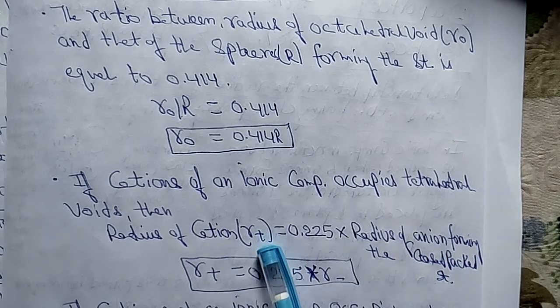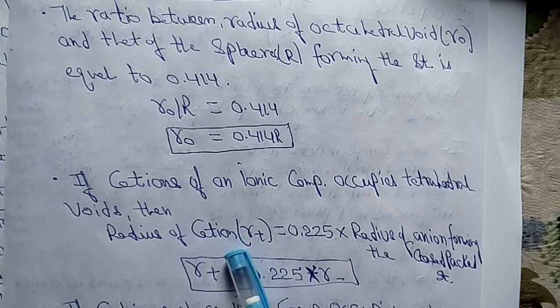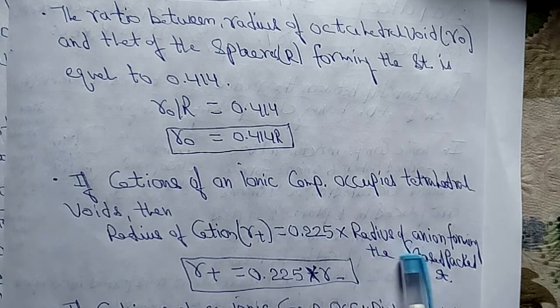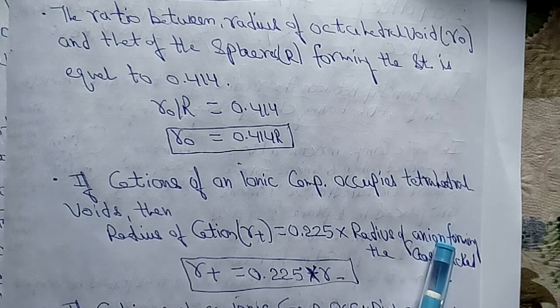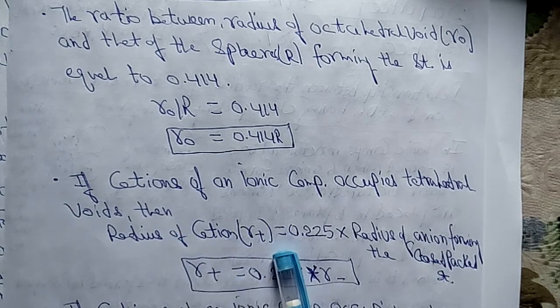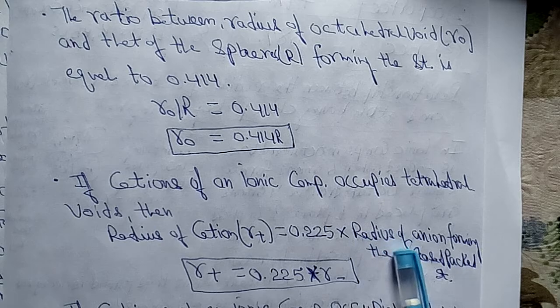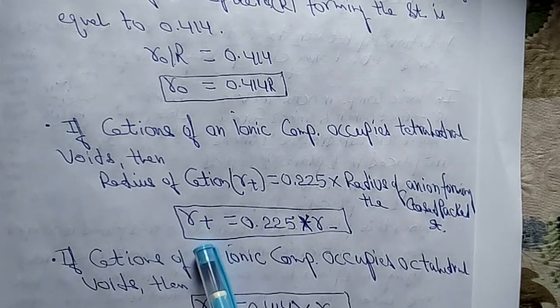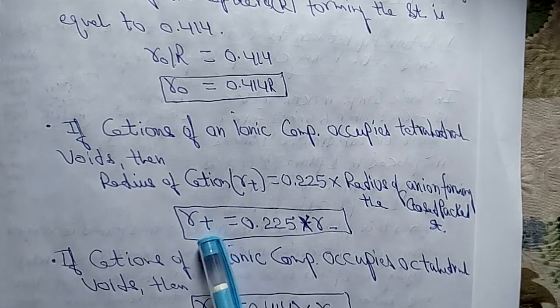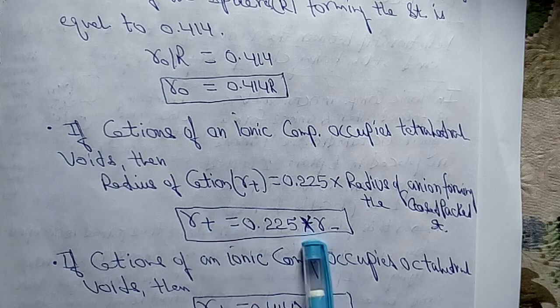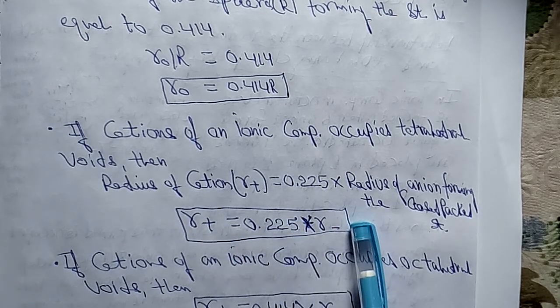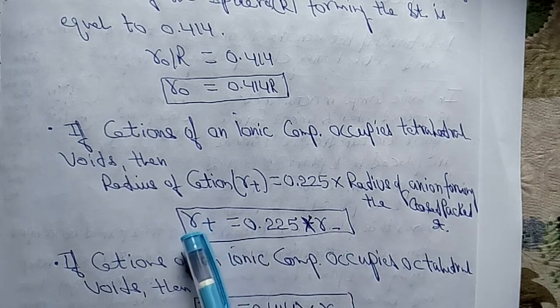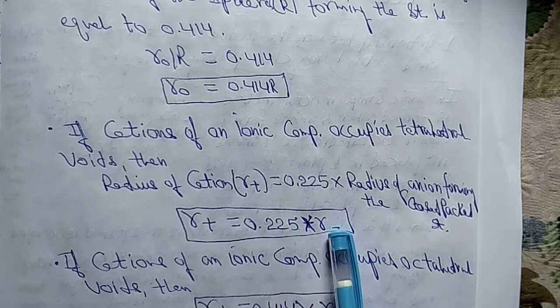So it gives the relationship between the radius of cation and the radius of anion. So RT is equal to R plus. The radius of cation is shown with plus sign and anion with R minus. So R plus is equal to 0.225 into R minus. That is the relationship between the radius of cation and the radius of anion.